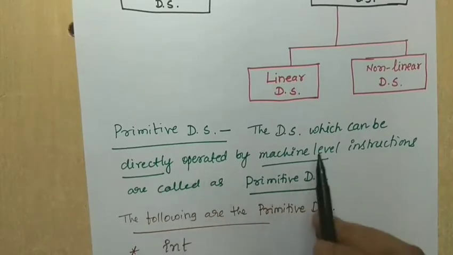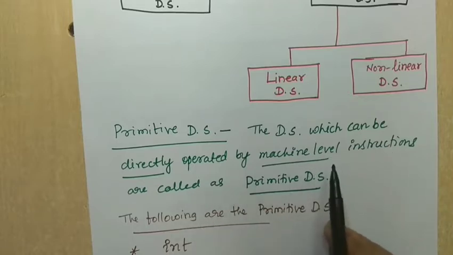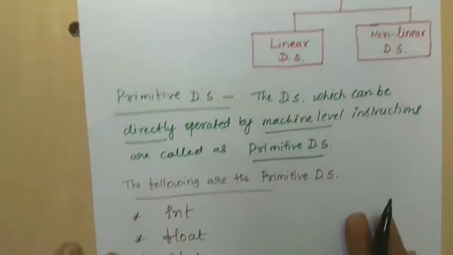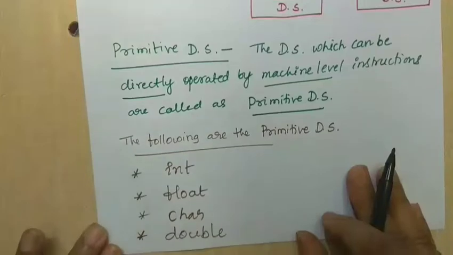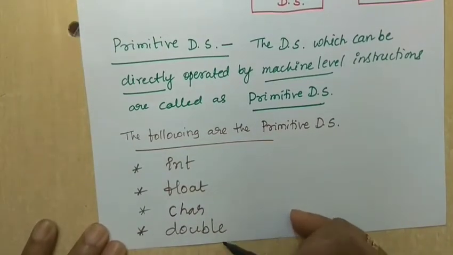Primitive data structure is a fundamental data structure which can be directly operated by machine level instructions. Usually in C and C++, we use int, float, character, double.